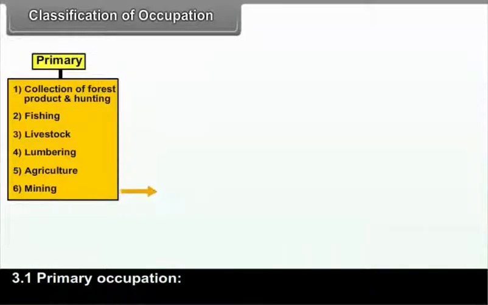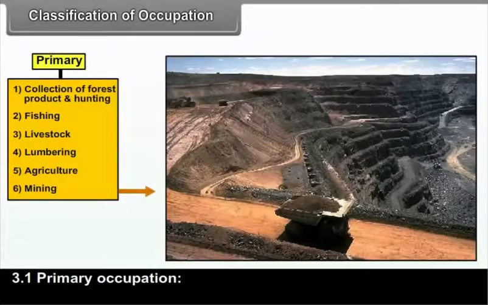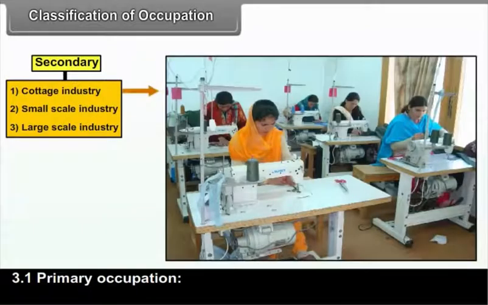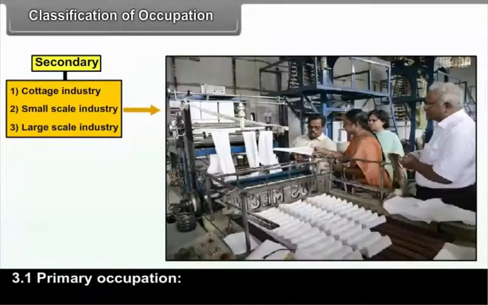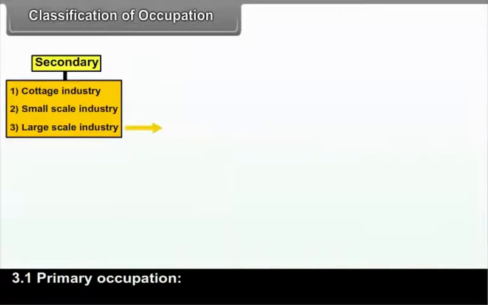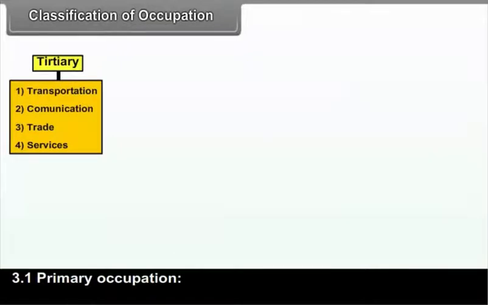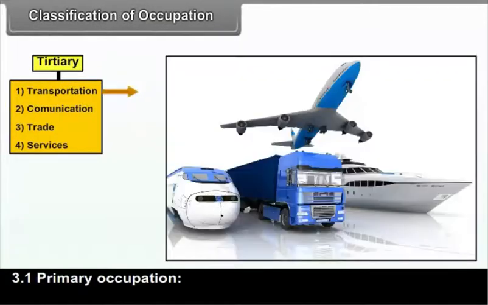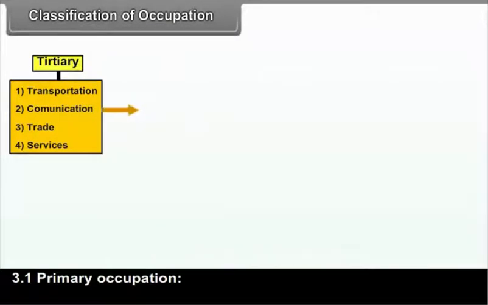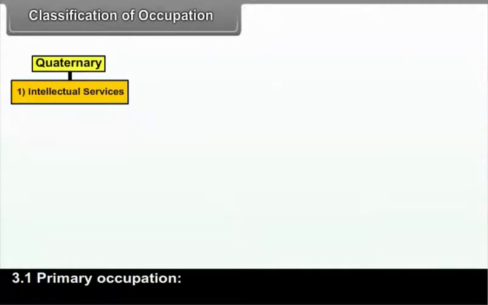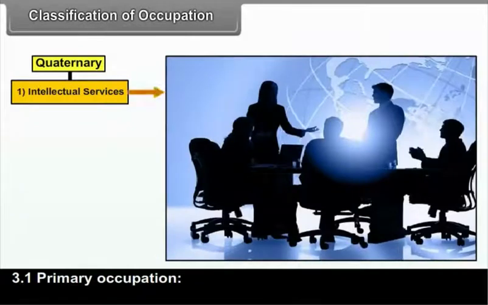Agriculture, 6. Mining. Secondary: 1. Cottage industry, 2. Small scale industry, 3. Large scale industry. Tertiary: 1. Transportation, 2. Communication, 3. Trade, 4. Services. Quaternary: Intellectual services.